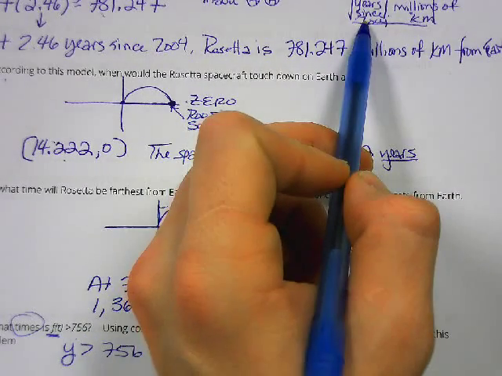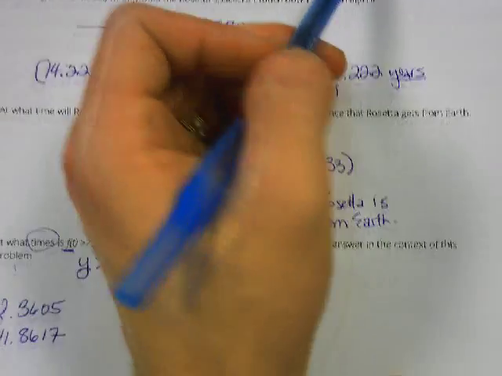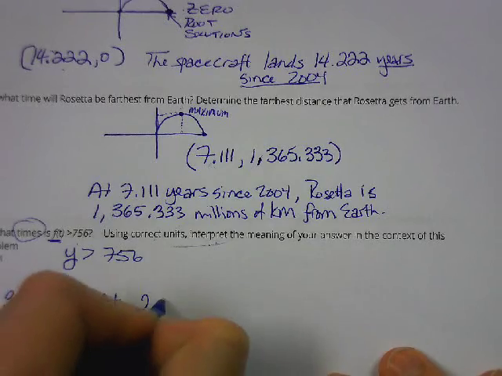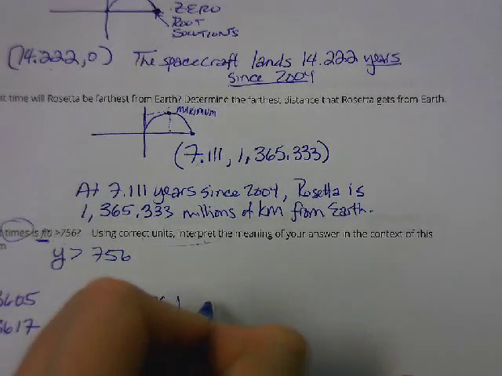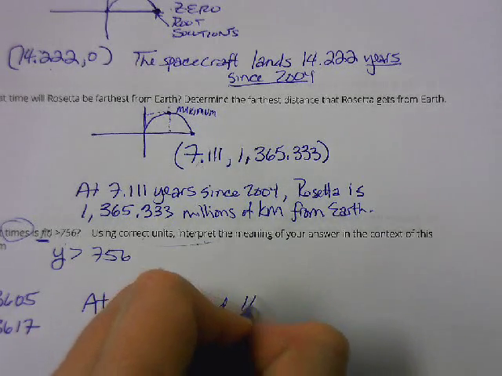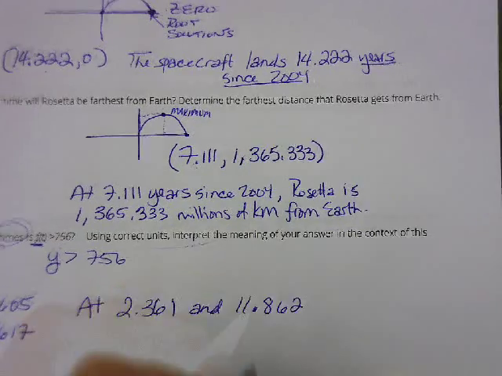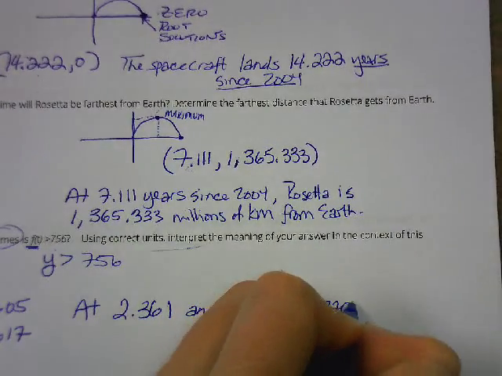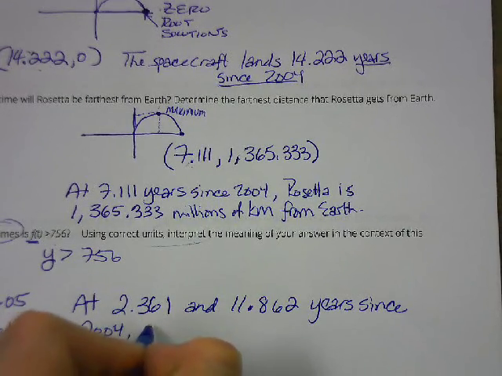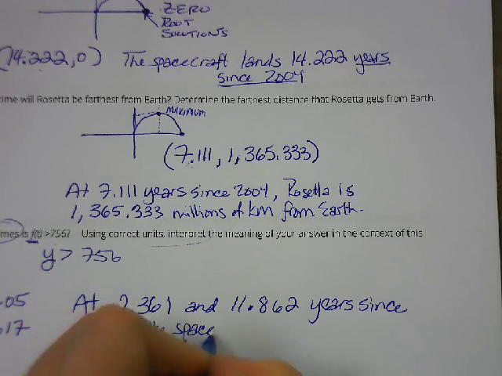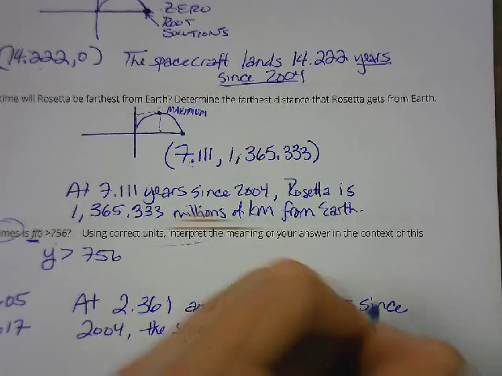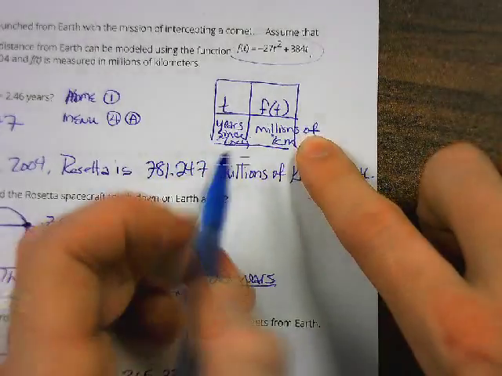At 2.361 and 11.862 years since 2004, the spacecraft is 756, and that again, 756 was measured in millions of kilometers. So 756 million kilometers from Earth.